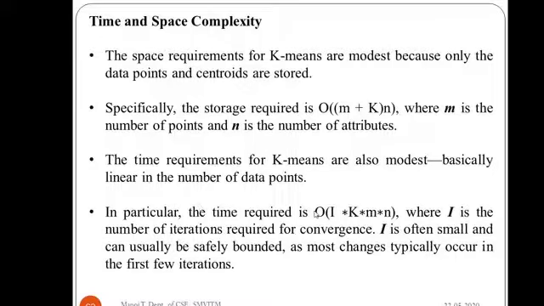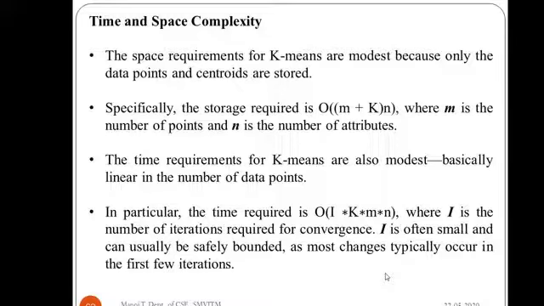So the time required is O of I times k times m times n, where uppercase I is the number of iterations, k is the number of clusters, m is the number of data points, and n is the number of attributes. You may have 5 attributes, 10 attributes for each record.